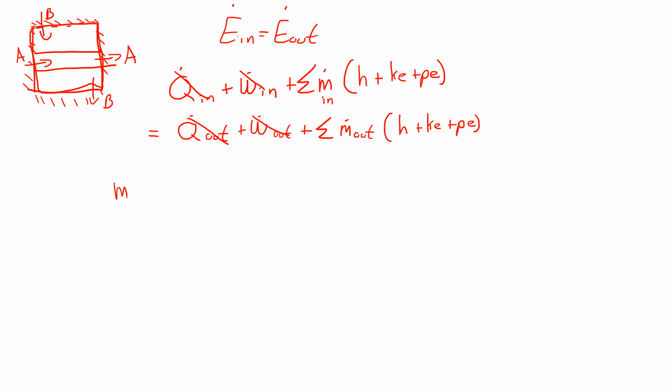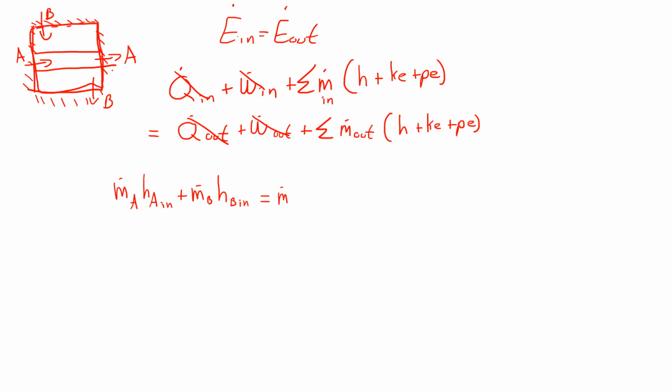I have mass flow rate A times the enthalpy of mass flow A in plus the mass flow rate of B times the enthalpy of B in equals the energy out.